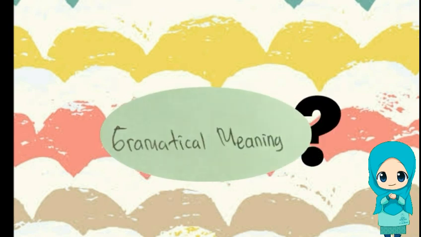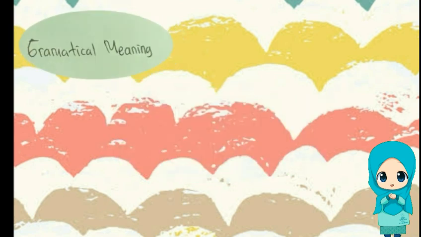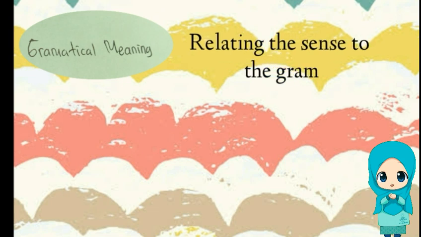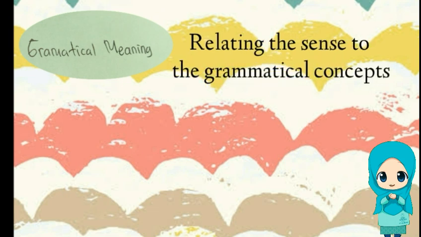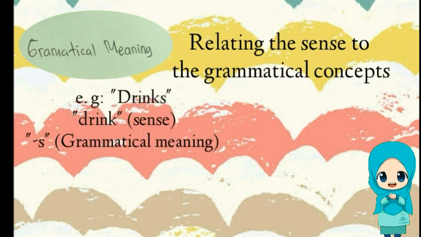What is grammatical meaning? Grammatical meaning is relating the sense to the grammatical concept. For example, when we hear the morpheme drinks, drink is the sense and the s is the grammatical meaning that refers to plural.